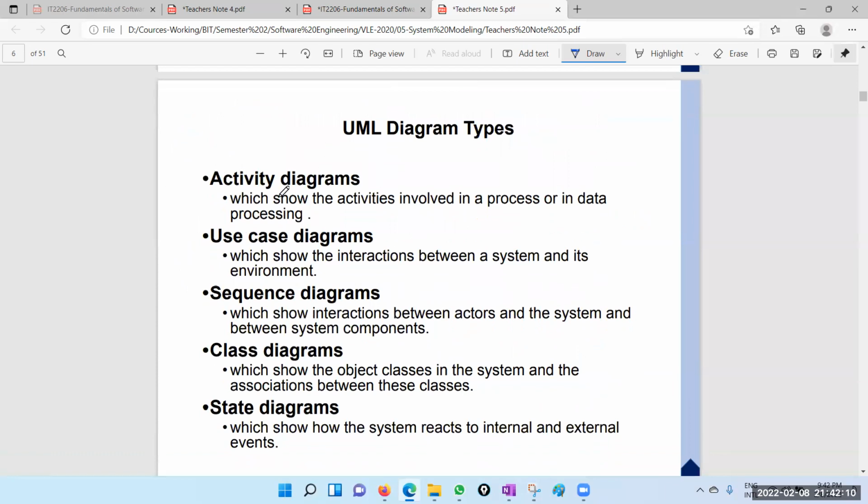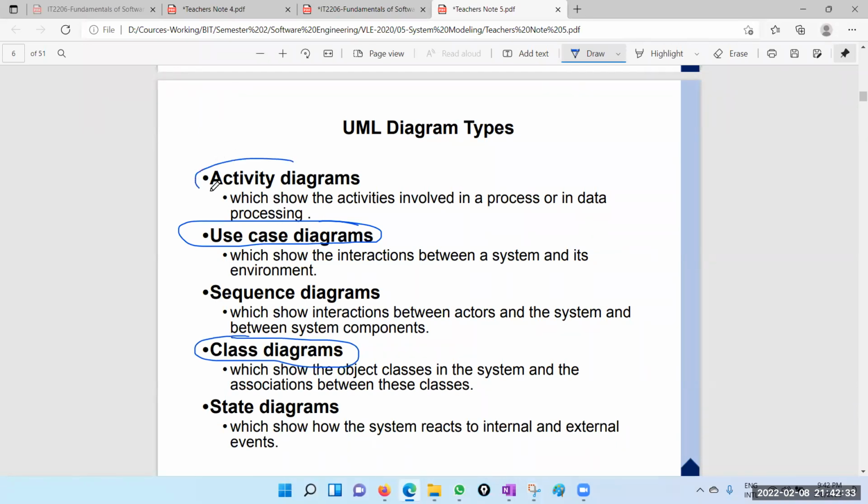Right, so I mentioned some of these diagrams. Use case diagrams we already discussed. I told you that when it comes to modeling, we use modeling on both the requirement side and the design side. The class diagram is the main structural diagram. These others are more dynamic, behavioral diagrams: sequence, activity, even state.